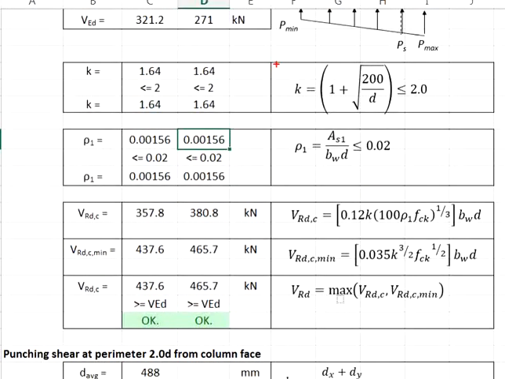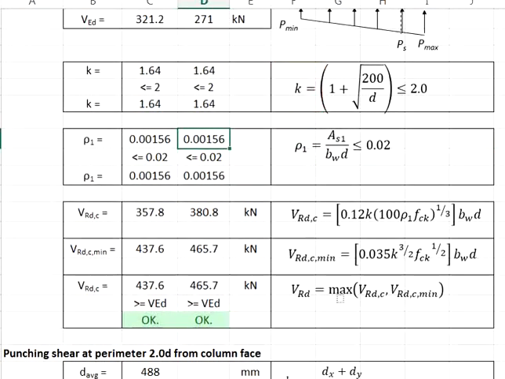Now that you have your k and the rho 1, you can determine the VRd,c and VRd,c minimum. Take the k calculated and substitute into the equations. Take the rho 1 calculated into the equation as well.